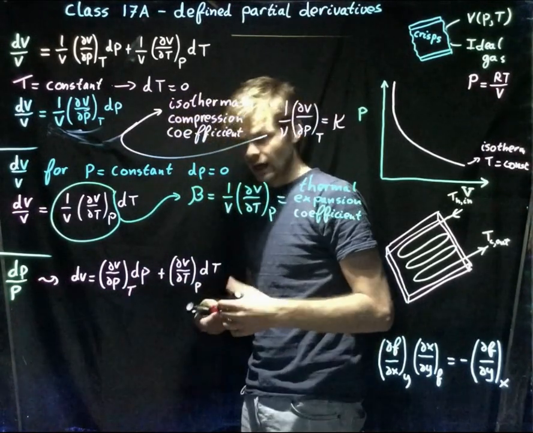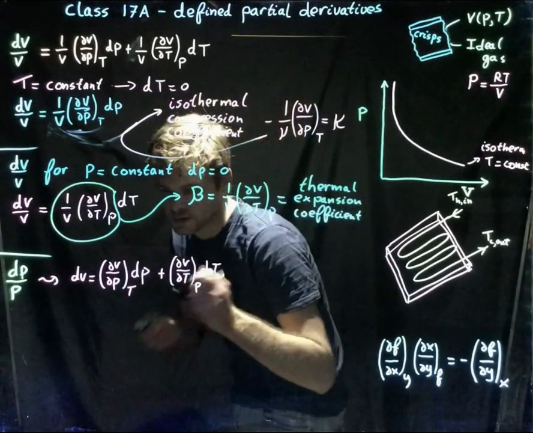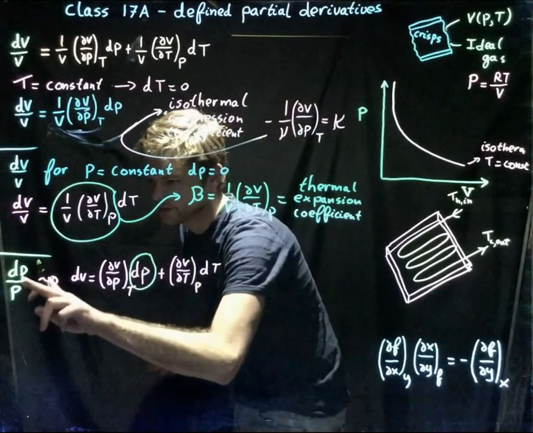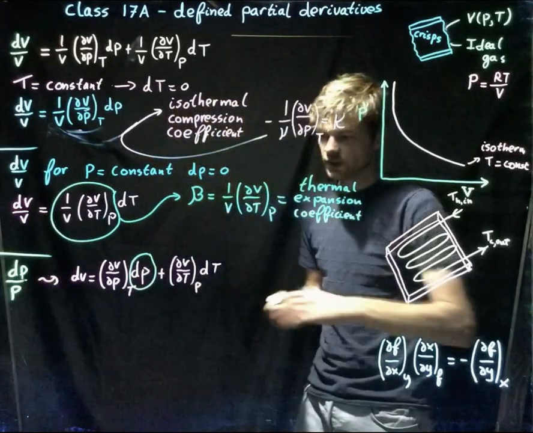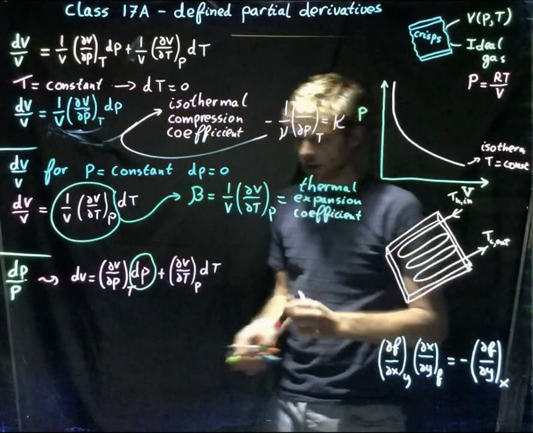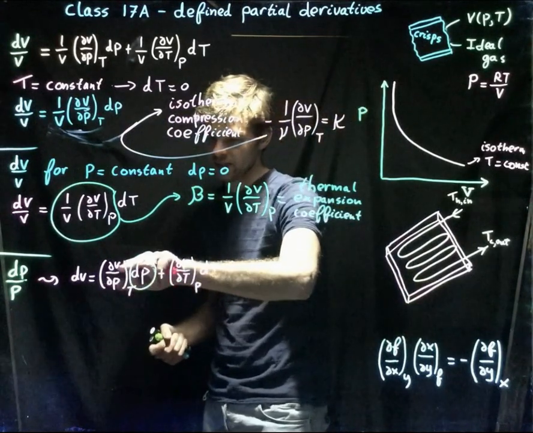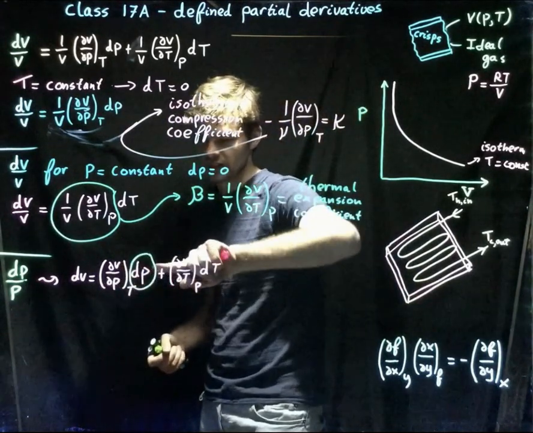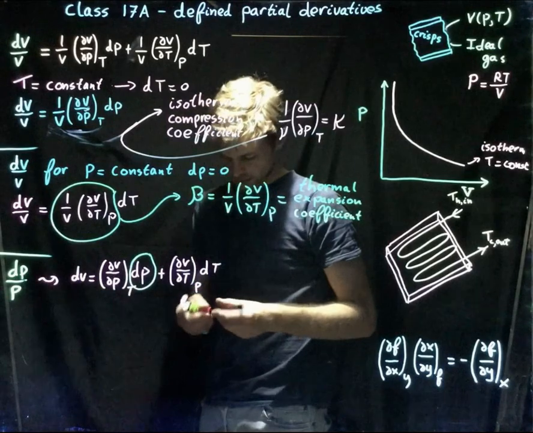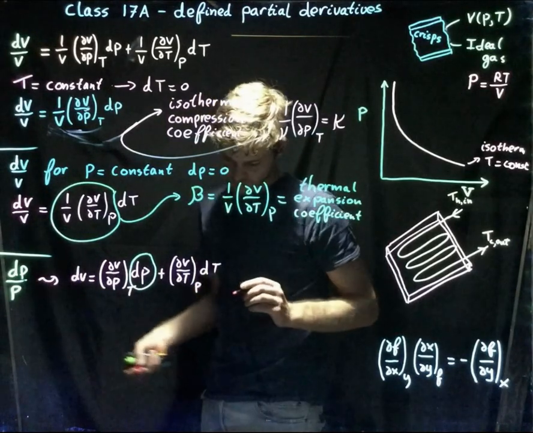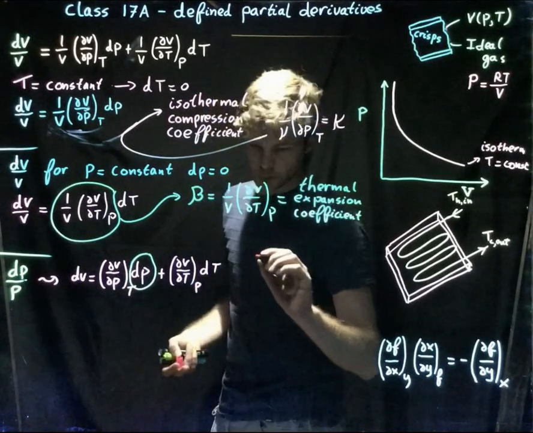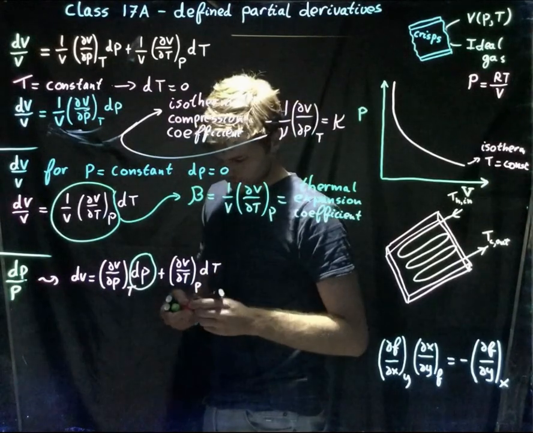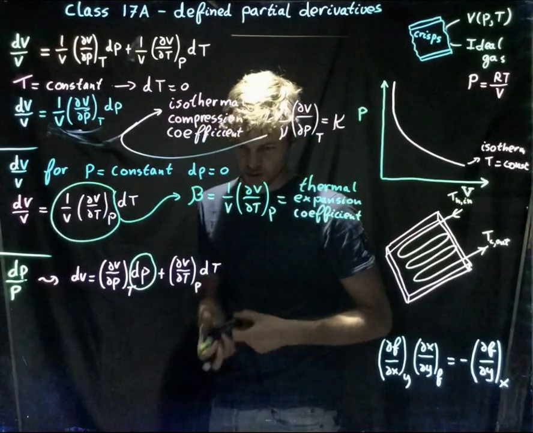And actually, I want to determine this one, since that one is over here. So I need to isolate this one. So I'm going to divide everything by dV/dP and get this one to the left-hand side. And that will result in this equation. I'm going to write it down over here.